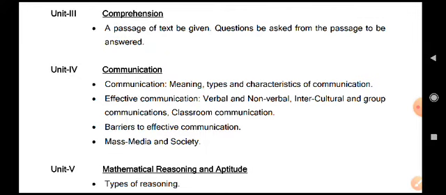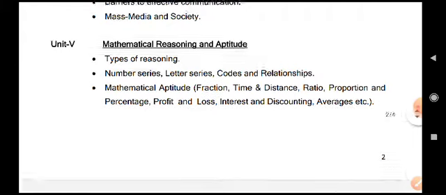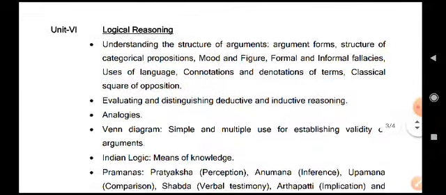Okay, in unit 5, mathematical reasoning and aptitude, there are various parts like number series, letter series, codes, relationships and some mathematical questions. 2 to 3 generally come every time, based on fraction, time and distance, ratio, proportion, percentage, profit and loss. Unit 6 is logical reasoning.